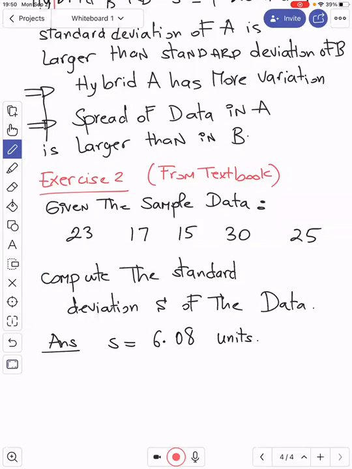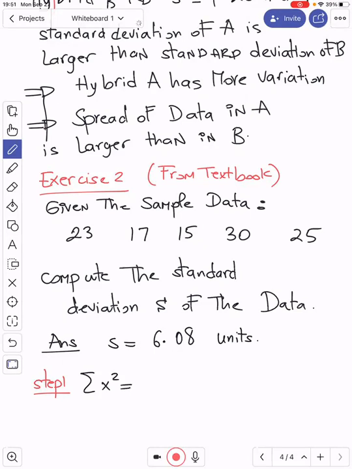As a first step, step one, as usual, we compute the sum of x squares.